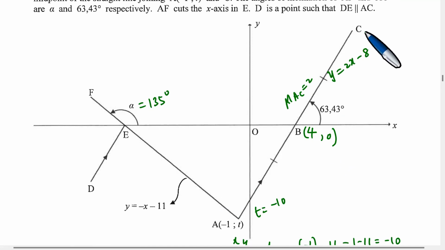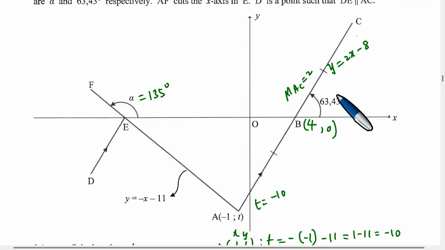So now we can get the coordinates of the point C. C is an end point, so we can put here x subscript c, y subscript c. And then we already have the midpoint, so we can use the midpoint formula. What is the midpoint formula? There is xa here, and then there is ya here.